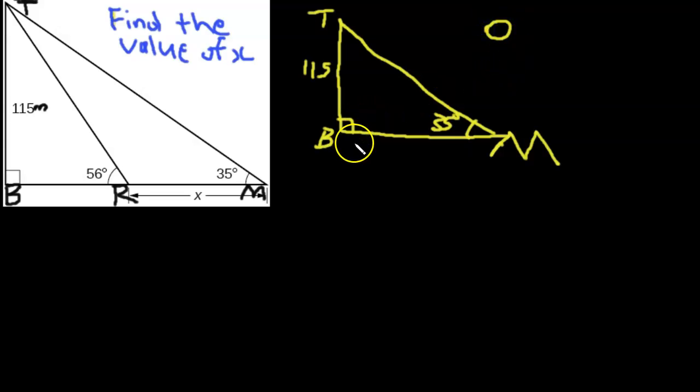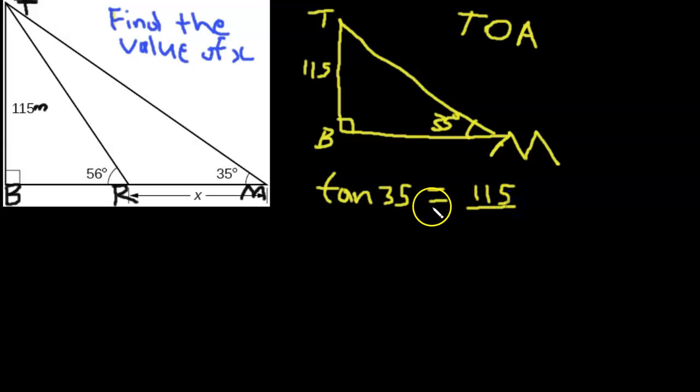So we're using the tan ratio, and we're talking about the angle 35 there. So tan 35 is equal to opposite, which is 115, over the adjacent, which is BM, all of BM.